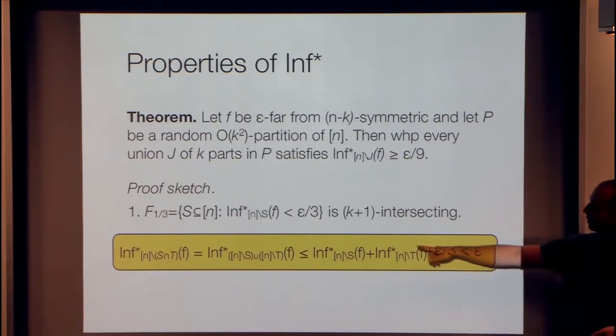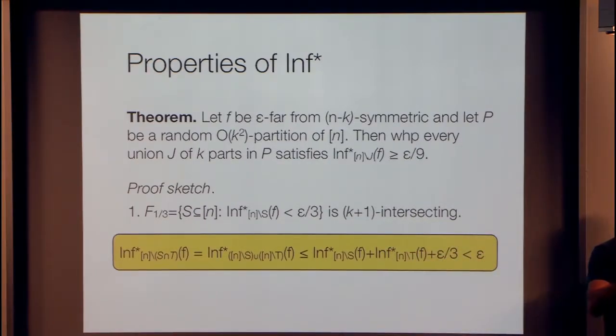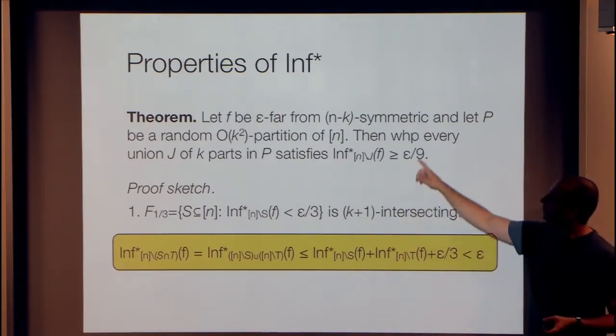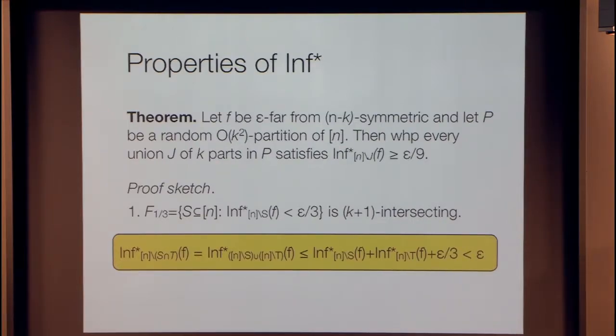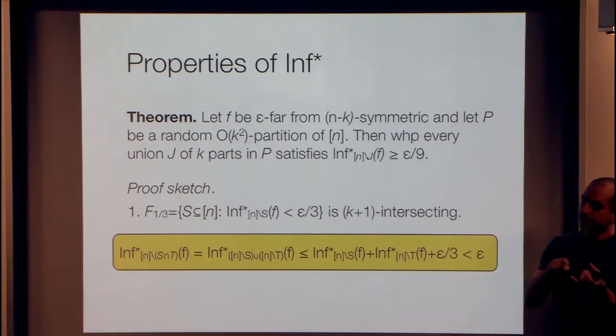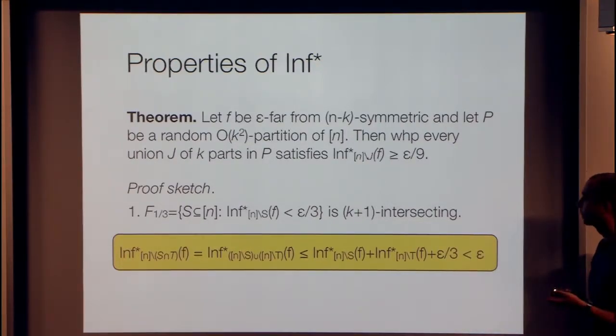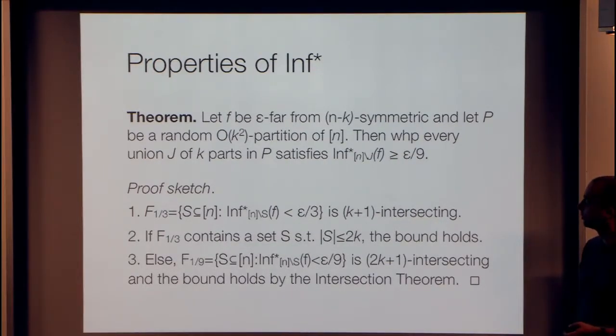But we get the bound that the influence of the coordinates outside of the intersection is less than epsilon. But the only way this can be, because f is far from n minus k symmetric, is if that intersection has size bigger than k. Otherwise, I could choose that set to be the set of core coordinates in the n minus k symmetric function that's really close to f. So this gives me the intersection.